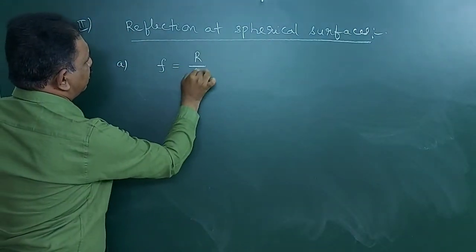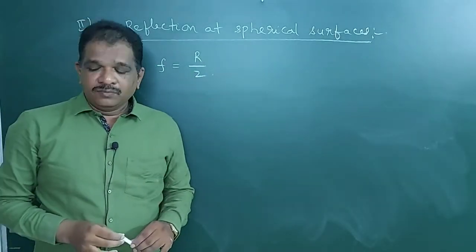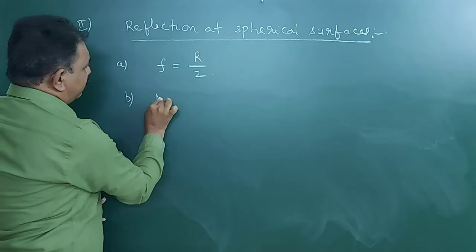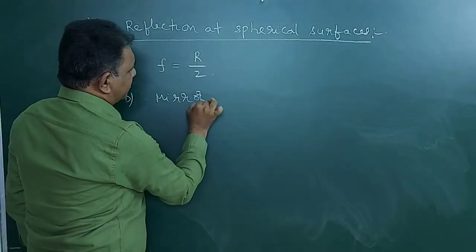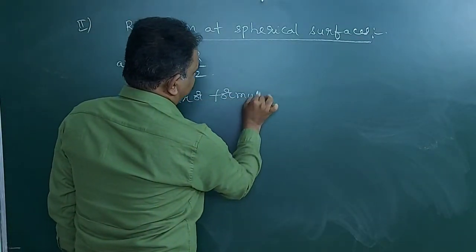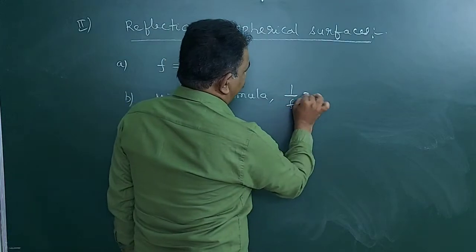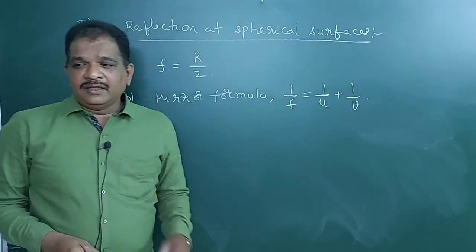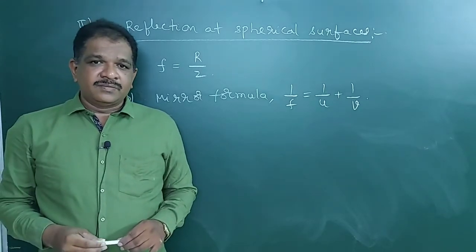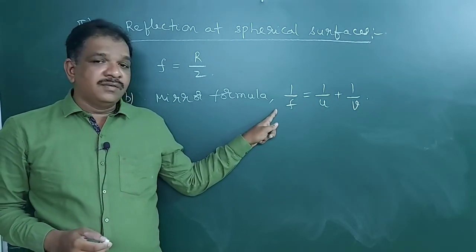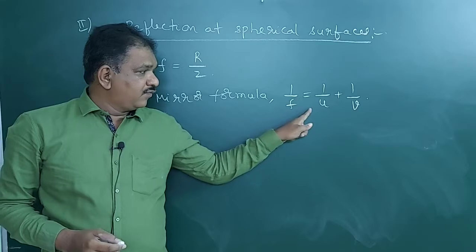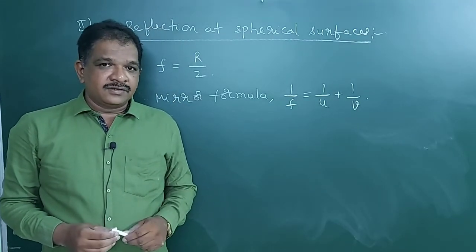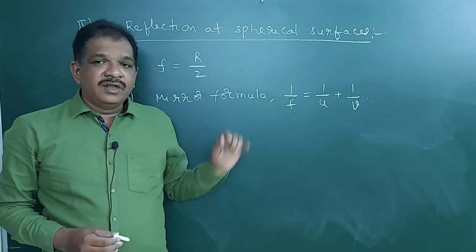F is equal to R by 2, the relation between focal length and radius of curvature. And the mirror formula, 1 by F is equal to 1 by U plus 1 by V. Either it is a concave mirror or convex mirror, you have to use this as the mirror formula. F is the focal length, U will be object distance, V will be image distance. Only these two formulas are enough.